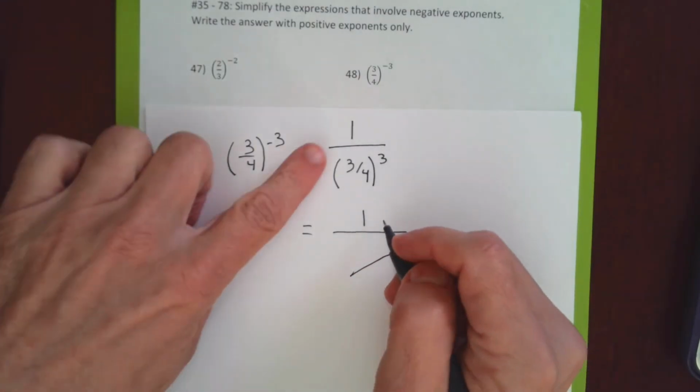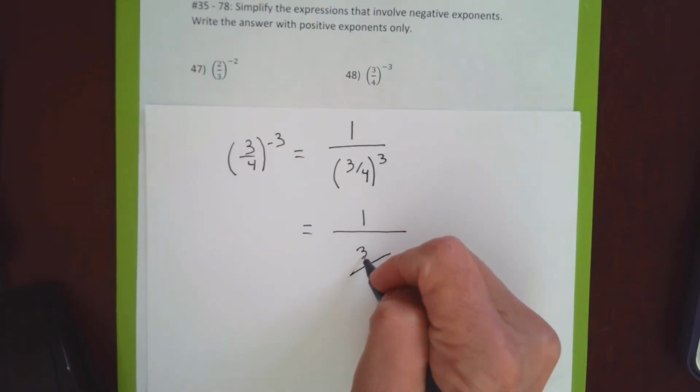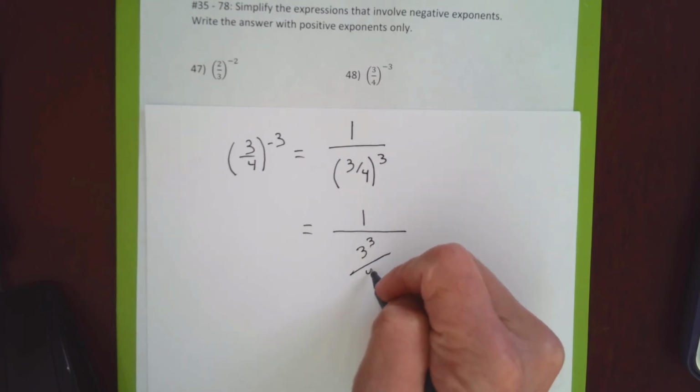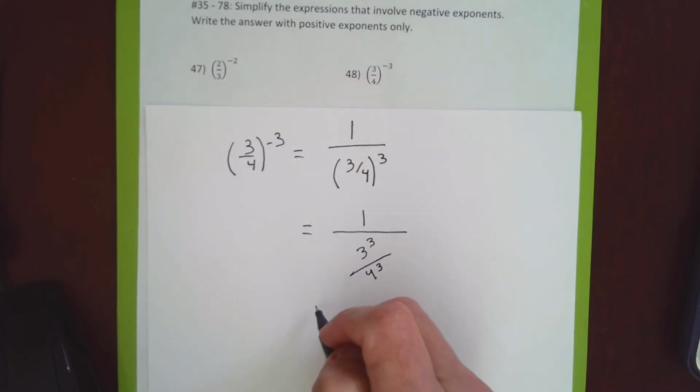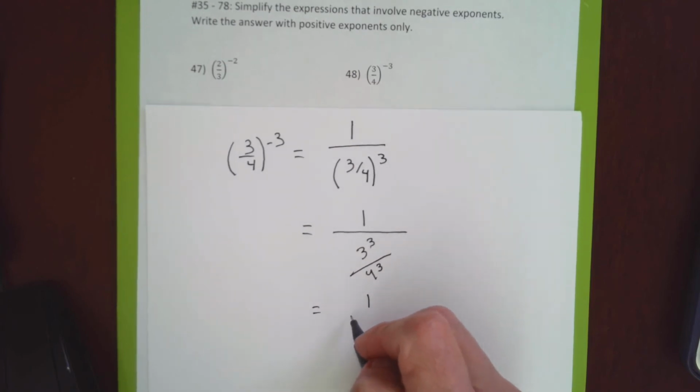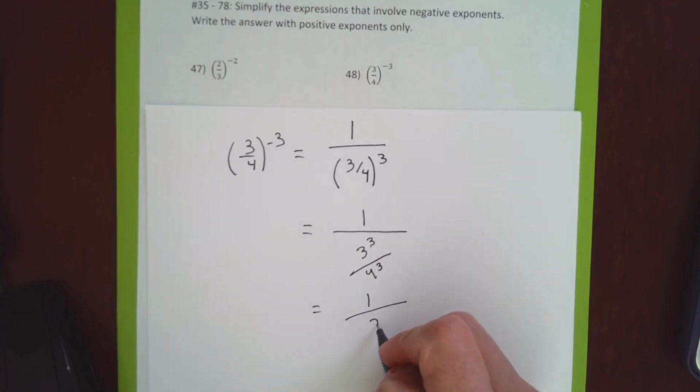So I'm going to attach the exponent and get 3 cubed and 4 cubed. That's the denominator written without a parentheses. And I know what 3 cubed is. 3 cubed is 27. I know what 4 cubed is.